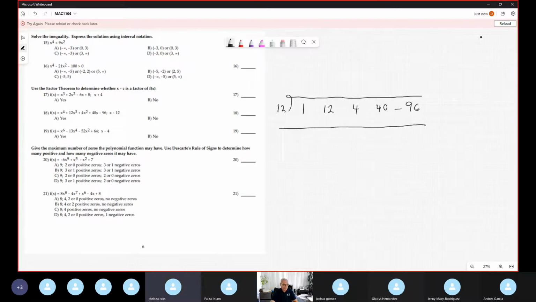Okay, and let's see. I bring down 1, multiplication 1 times 12 is 12. 12 plus 12 is 24. And when you see the number increasing forever, it is because it's not 0. But okay, I finish. Multiplication 24 times 12, I did on my calculator, is 288, plus 4 is 292. Multiplication is a super big number. This indicates to me that you never get 0.